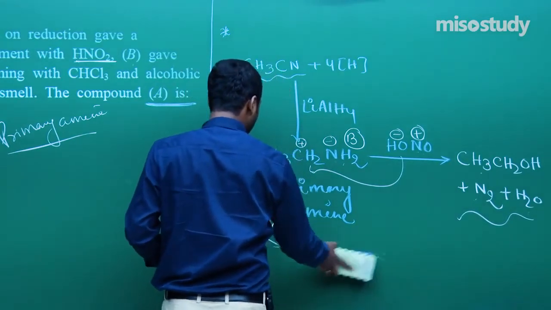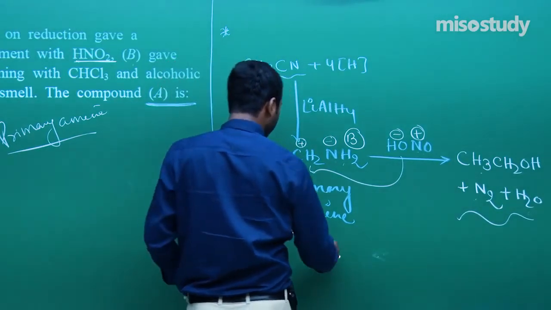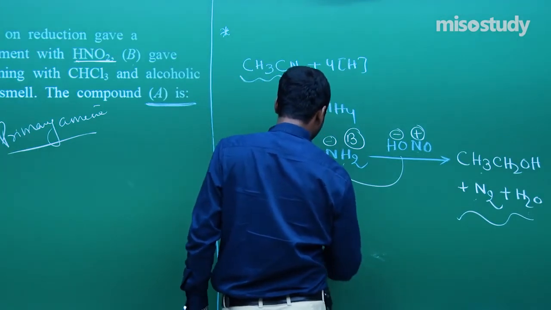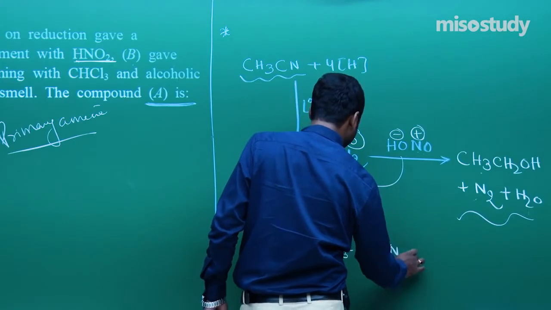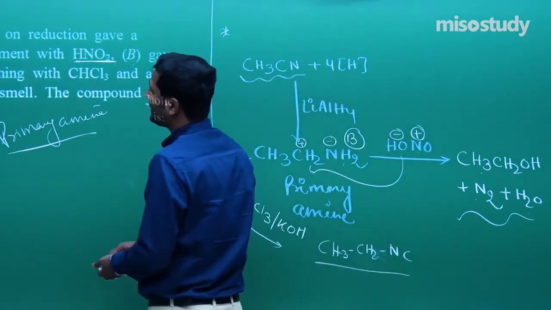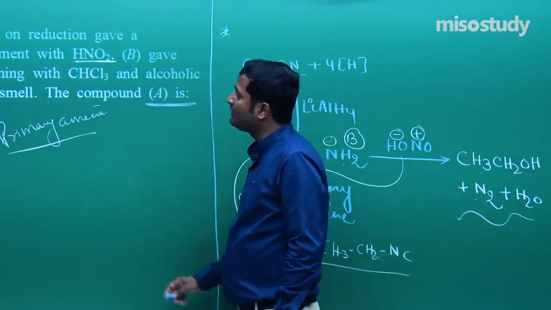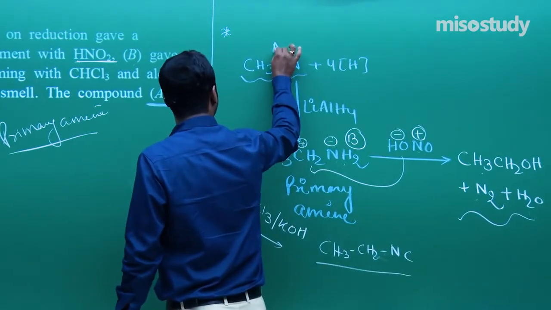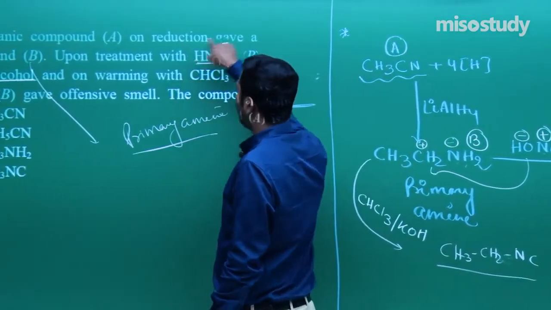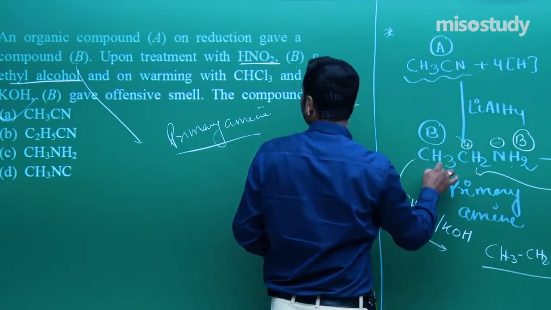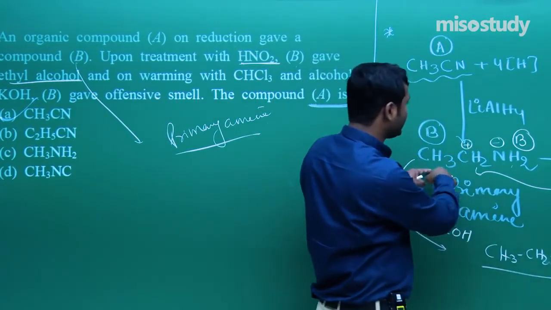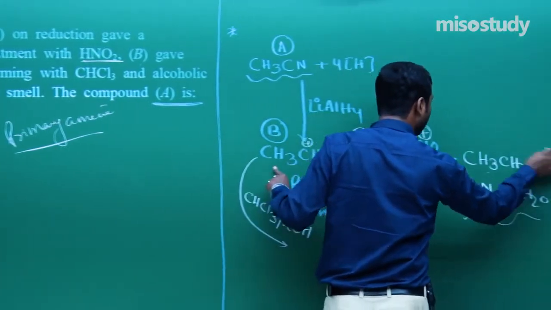If it has more carbon, that is R-CH2-NC, this is the compound. Again read the question carefully. An organic compound A, on reduction gives a compound B. Upon treatment with HNO2, B gives ethyl alcohol.